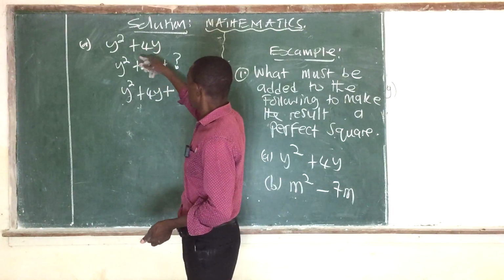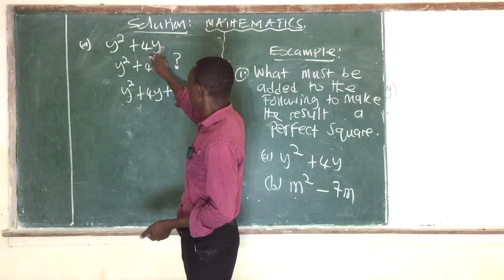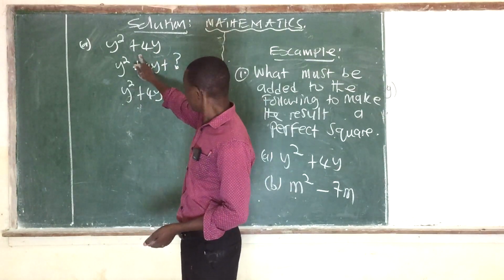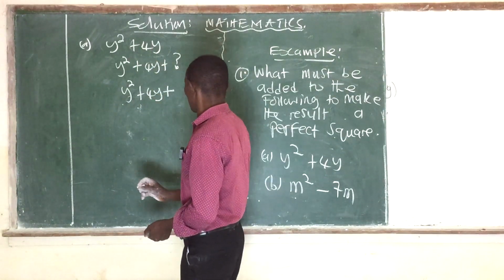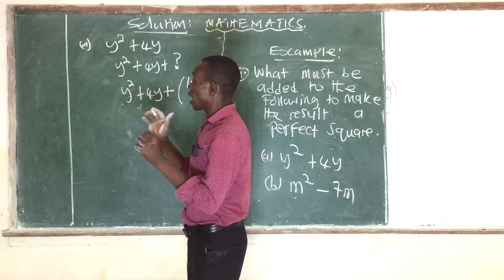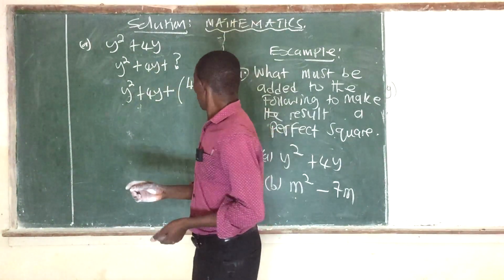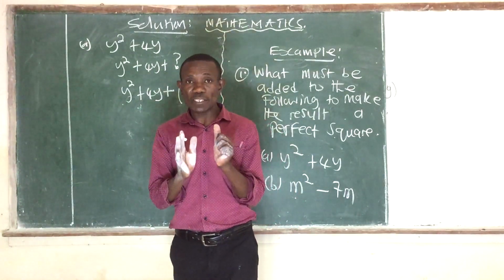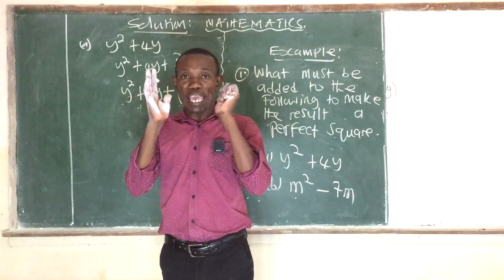So we are just looking at the coefficient of the variable of that term. That 4 you get is the one you're going to add there, but you do not just add the whole 4 as it is. That 4 has to be divided by 2, or simply multiplied by half.